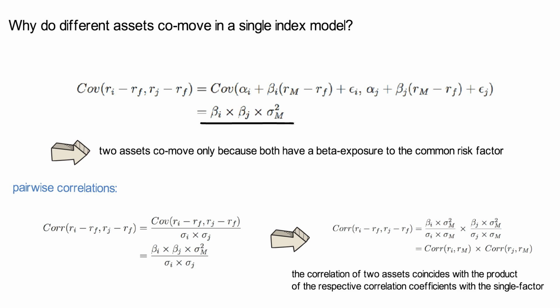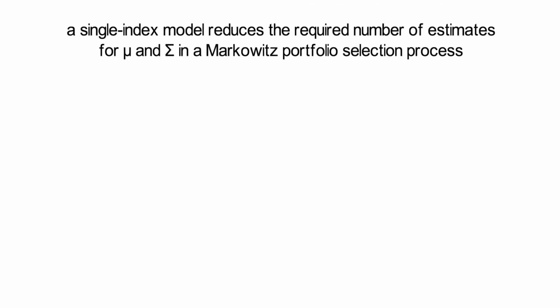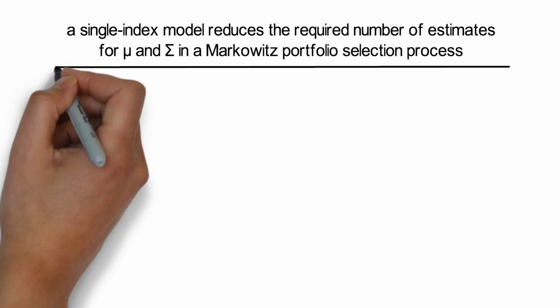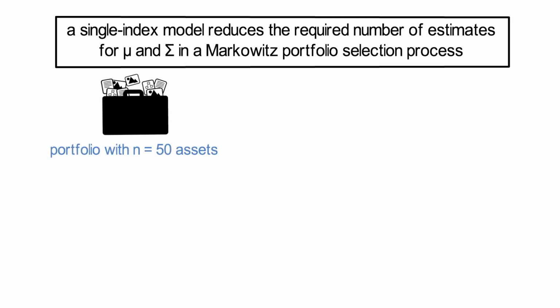The single index model also has a very practical advantage for portfolio optimization. Using a single index model reduces the required number of estimates for the expected returns and for the covariance matrix in a Markowitz portfolio selection process. Let's consider a portfolio with n equal to 50 assets.